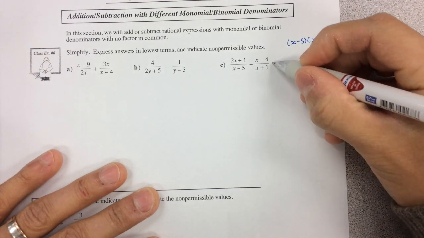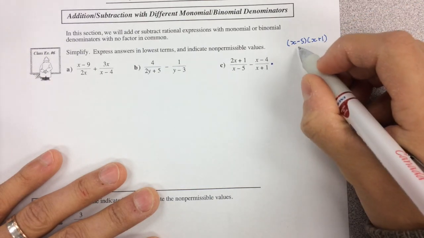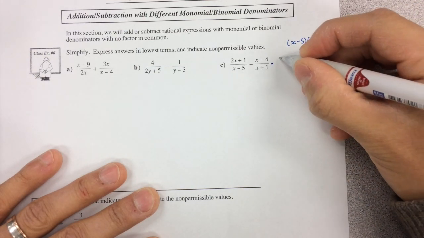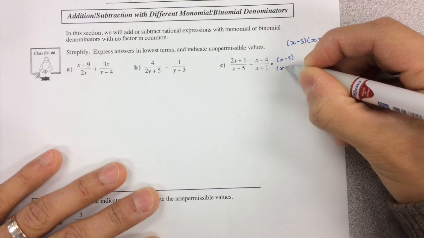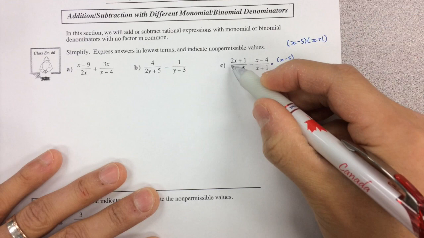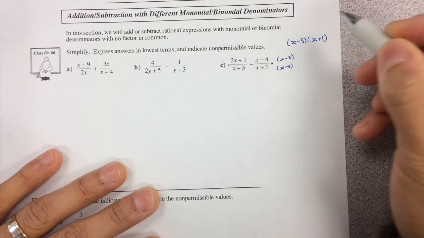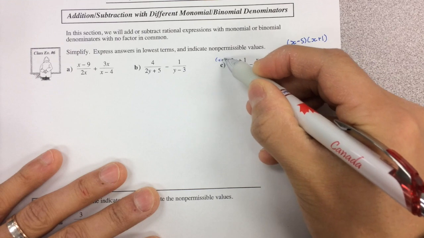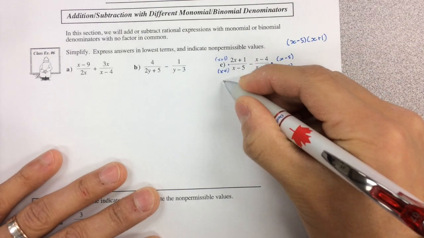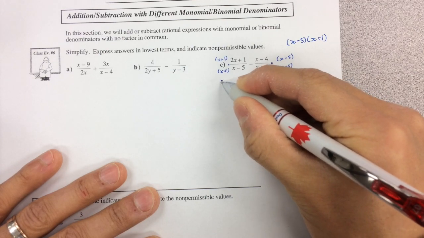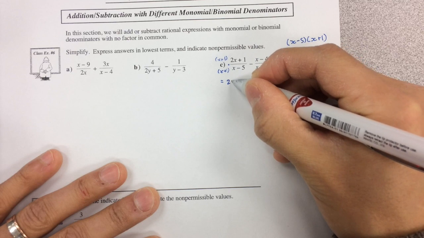In which case, on this side, if I want the denominator here to be x minus 5, x plus 1, all I got to do is multiply by x minus 5 on the top and bottom. Likewise, on this side, if I want the denominator to be x minus 5 times x plus 1, I'm going to have to multiply by x plus 1 on the top and the bottom. This is going to give me equivalent denominators on both sides.